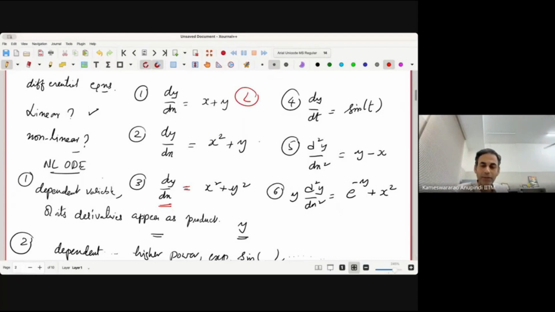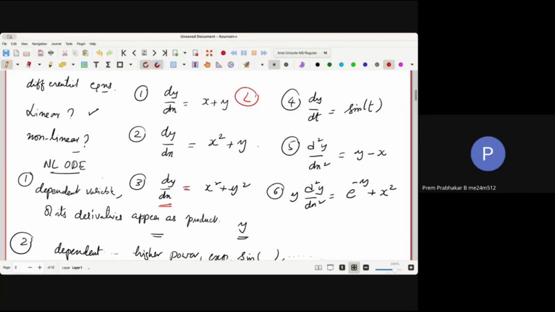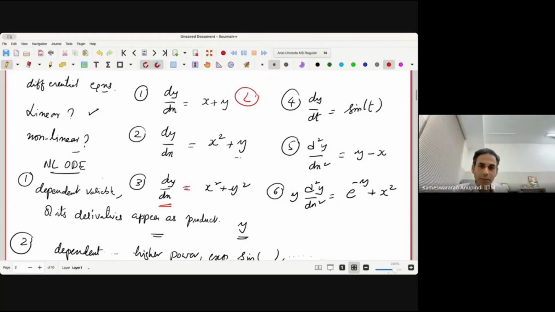It's okay if it is incorrect, you know. It's not linear, sir. It's linear. It's linear because the dependent variable is not raised, only the independent variable is raised. So it is still linear.